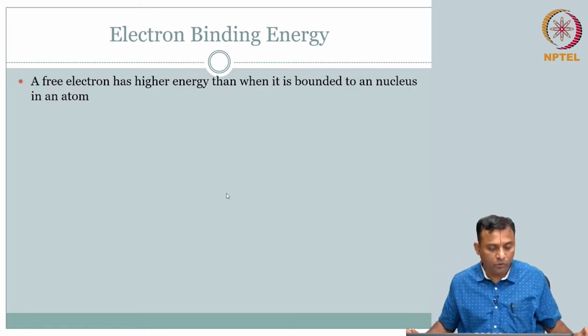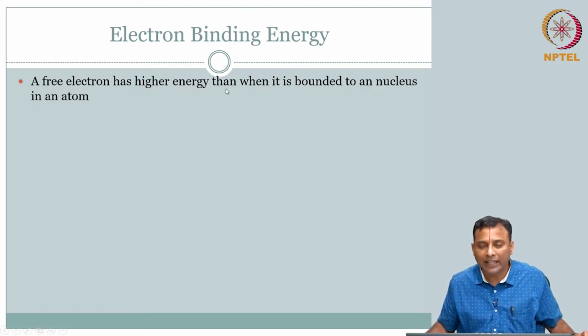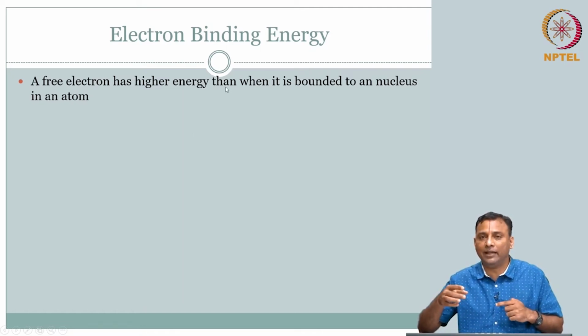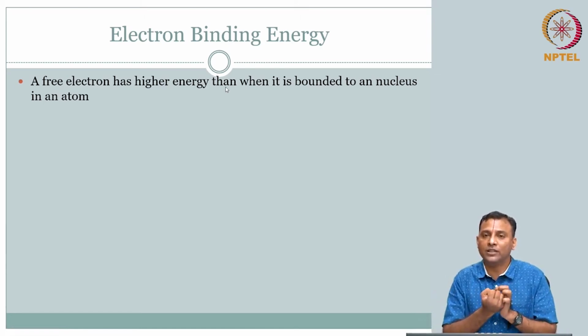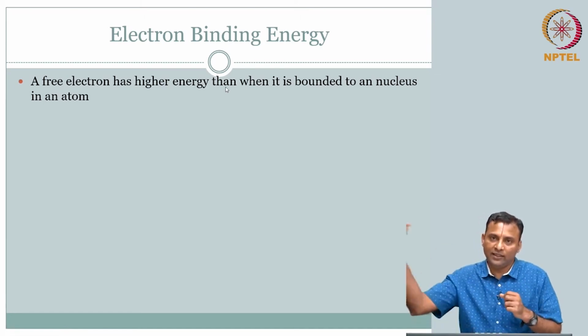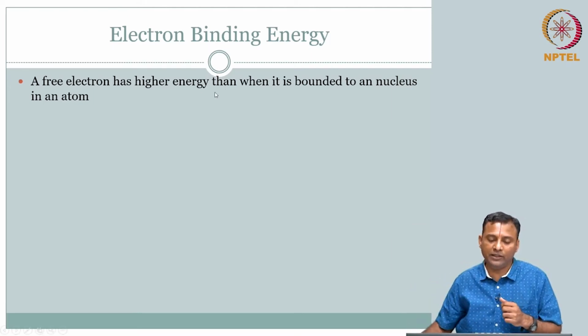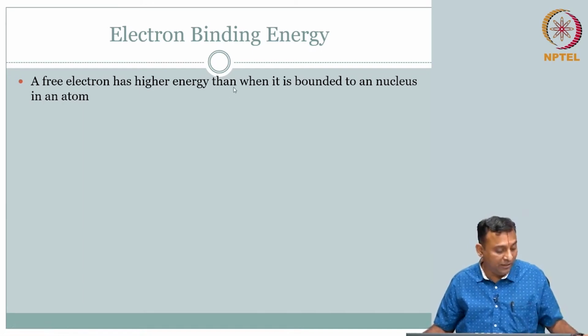So let us put that together. A free electron has higher energy than when it is bound to the nucleus of an atom. It is a mere statement, but you should read it as a natural follow-up of our understanding of ground state. If the ground state is a low energy state and the electron is freed, it has to have high energy. So where does the energy come from?